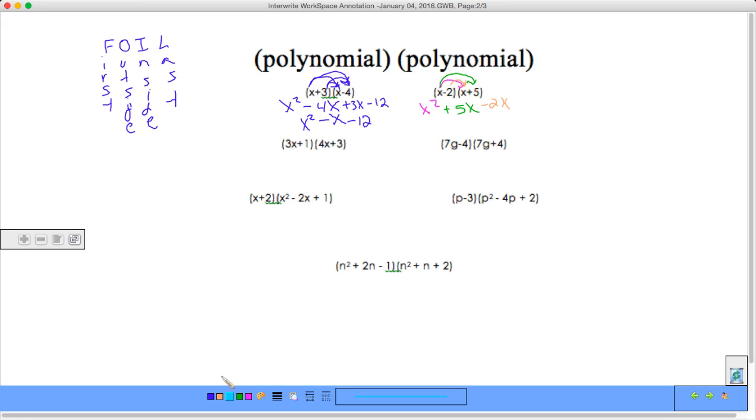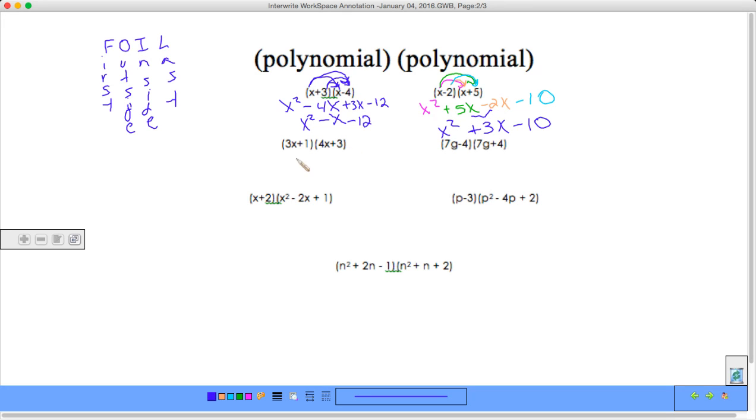And then right here, lastly, we need to take -2 times 5, because those are the only two that haven't multiplied together at this point. That's -10, and then I combine my like terms here in the middle. 5x minus 2x is 3x. It's positive, so I put a plus, and then bring down my -10.